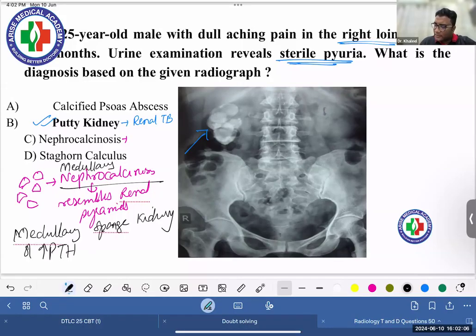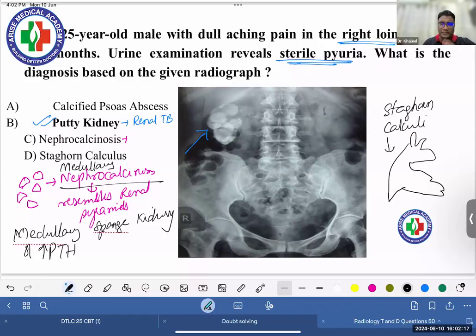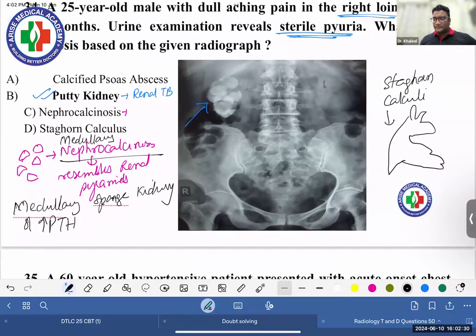Staghorn calculi, on the other hand, will resemble the pelvicalyceal system. So how the appearance looks is also important. If the classic history is there, loin pain and sterile pyuria, this is renal tuberculosis. And what is the finding you see in renal tuberculosis? Putty kidney and cement kidney. Next thing.